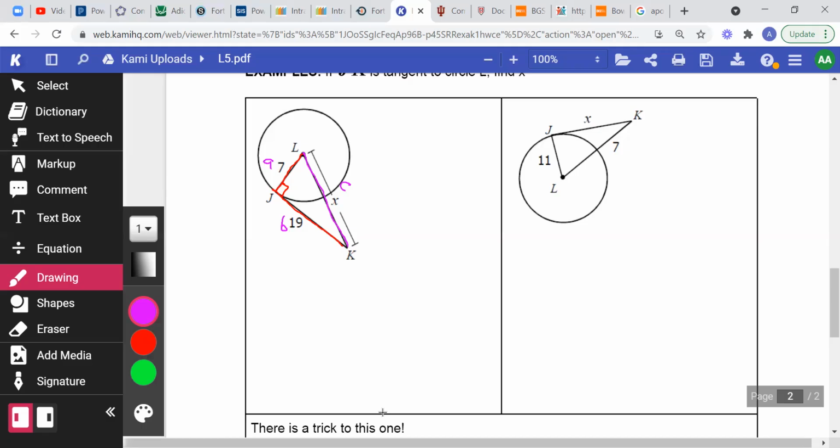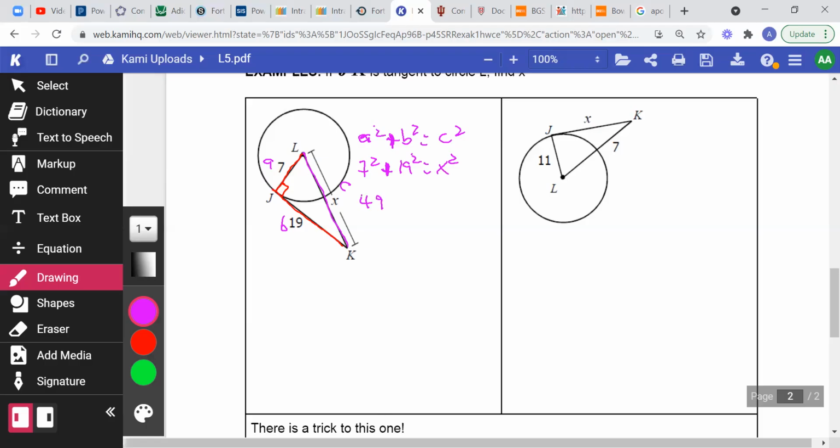Sometimes A is mostly the shortest leg, but if you interchange the positions, it doesn't really matter. Then using Pythagorean again, A squared plus B squared equals C squared. Our A is 7, B is 19, and C is the unknown. Savannah, what is 7 squared? 49.